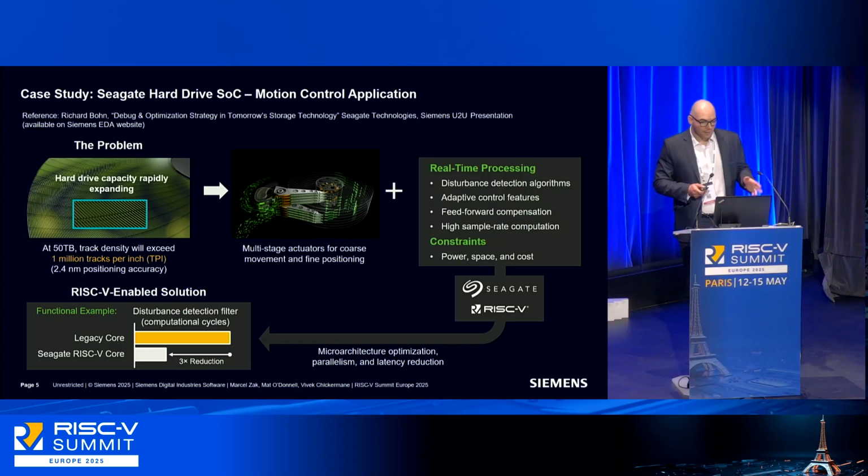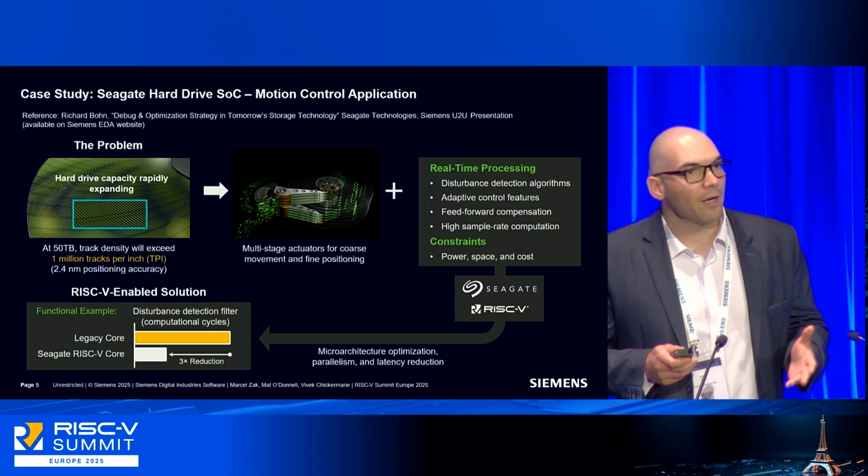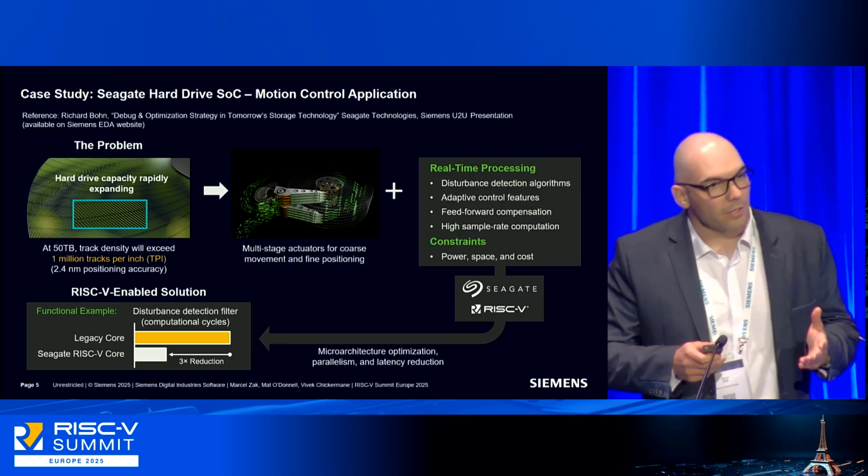Here is a specific example that shows why it is so important to have a trace encoder IP in a product. This slide was kindly provided by Richard Bond from Seagate. The challenge they faced was that when they got to the 50 terabyte hard drive capacity, the required positioning accuracy of a head was 2.4 nanometers. If you think about it, it's quite mind-blowing.